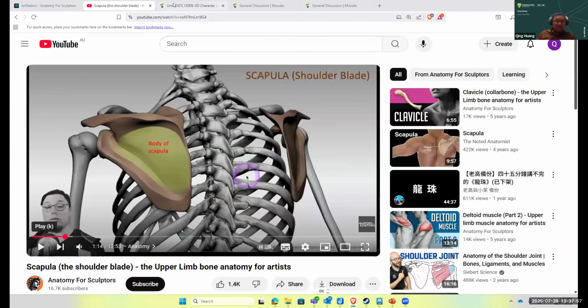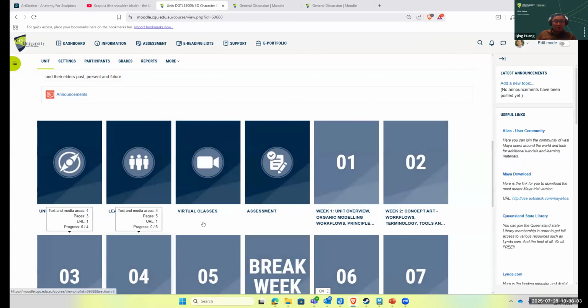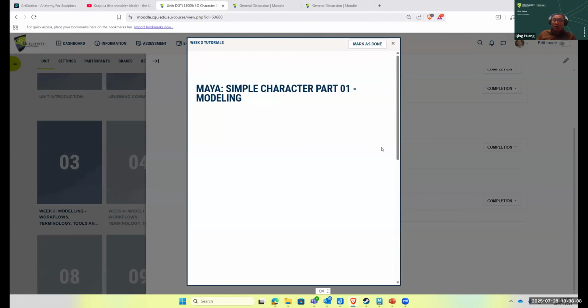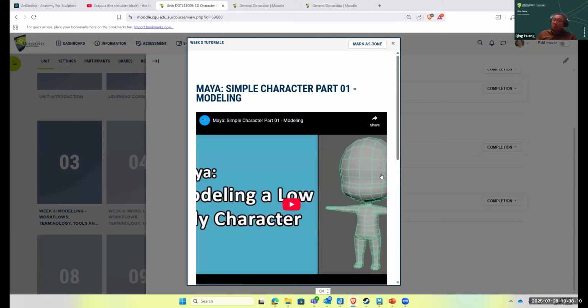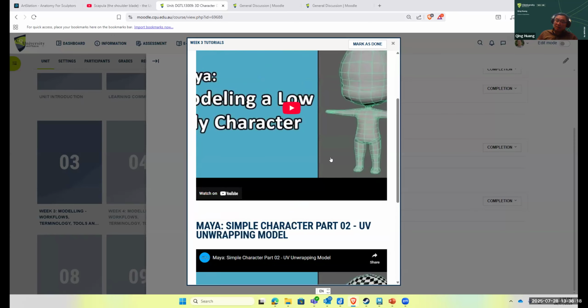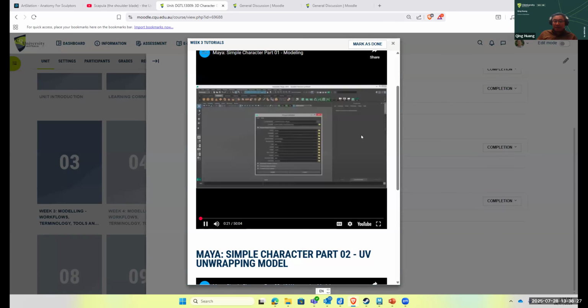I see it's been quiet. So for this week's tutorial, I want you to warm up a little bit by doing this simple task, a sort of toddler full body modeling.